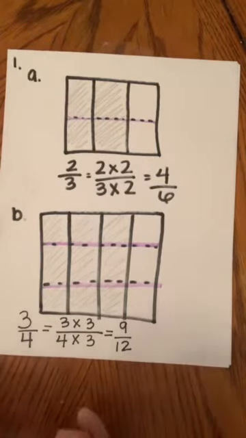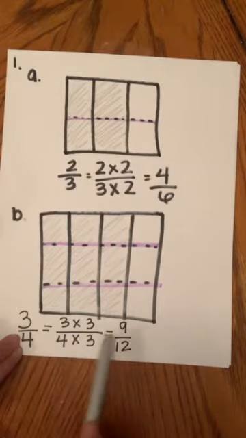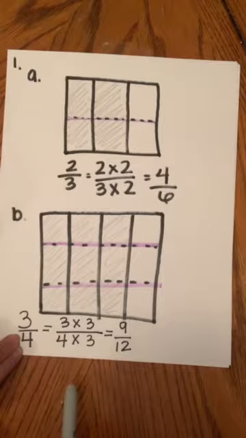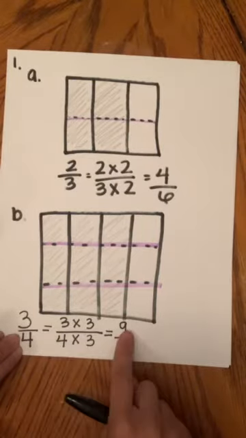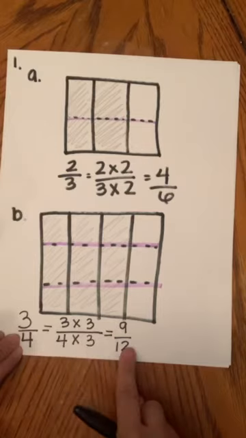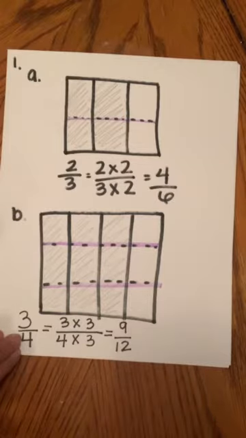Well, let me check my answer. Let's see if my number sentence matches my area model, right? Well, it looks like I'm saying that my 3/4 is equivalent to 9/12. So that means that 9 parts must be shaded out of 12.